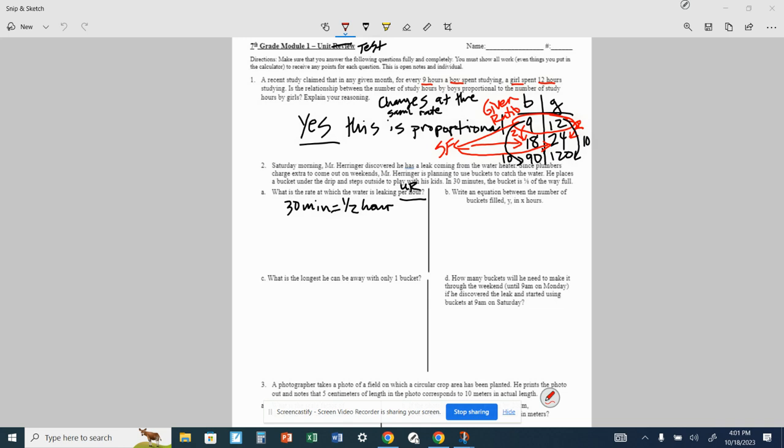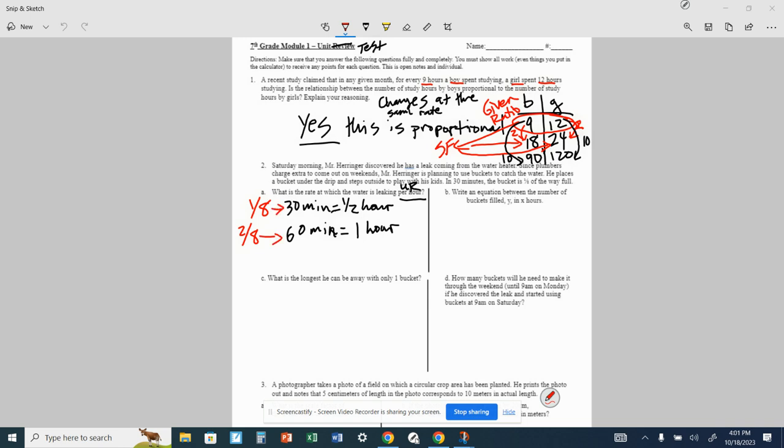So if 30 minutes is a half hour, we know that 60 minutes would be a full hour. If it does 1/8 in 30 minutes, 60 is twice as much, so it should do 2/8 in 60 minutes, or a full hour. So what's my unit rate?